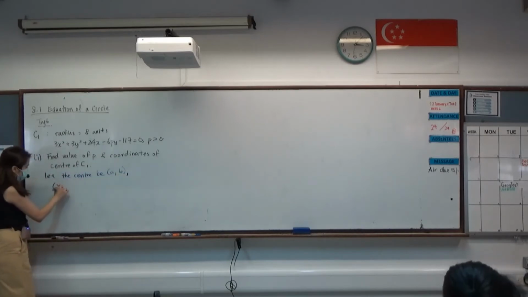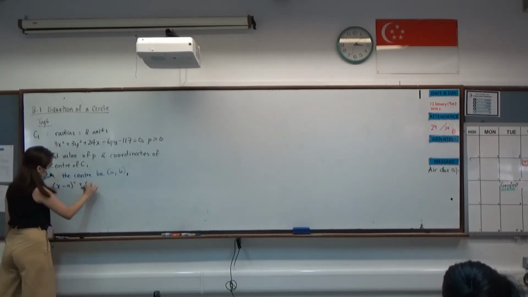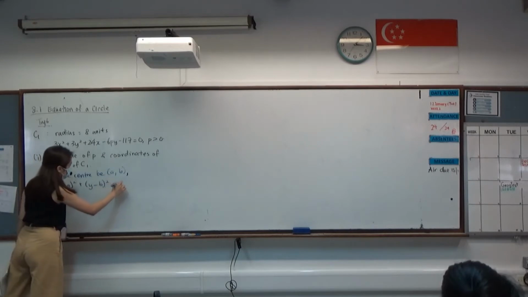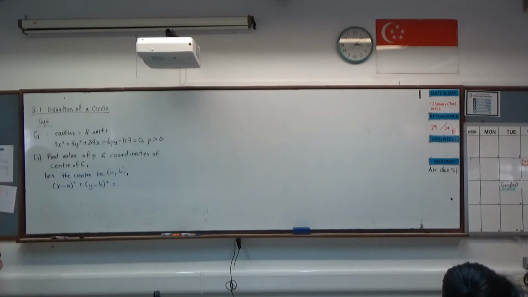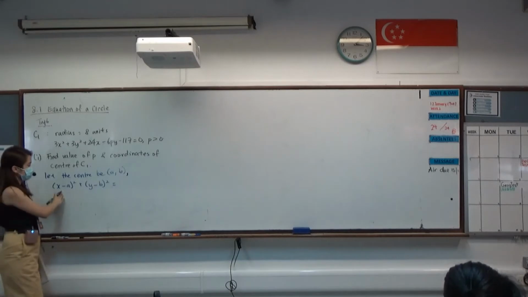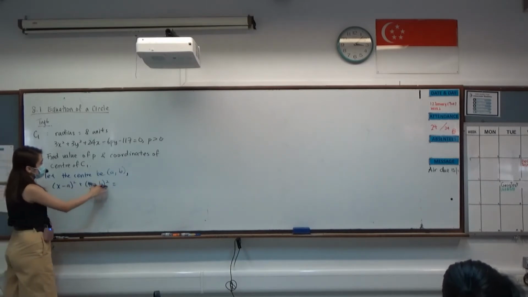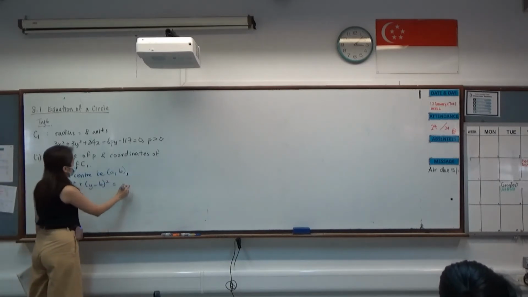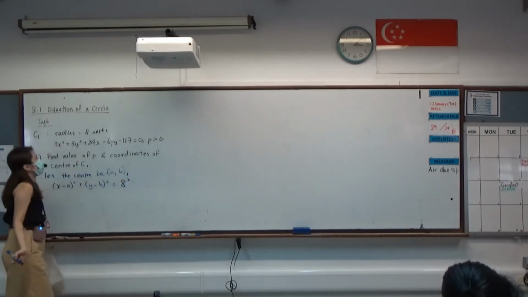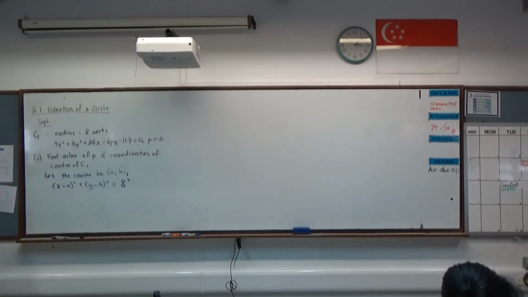And then we have previously been working with the standard form, right? So standard form is x minus a bracket square plus y minus b bracket square equals to r square, and r is 8 units. Okay? Then after that, what's the next step? You expand it, right?